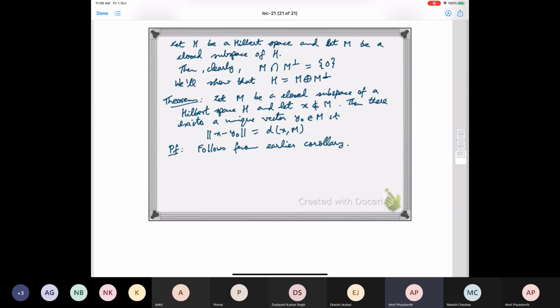So here, you need not have written that x is not in M. This is true for any vector x.